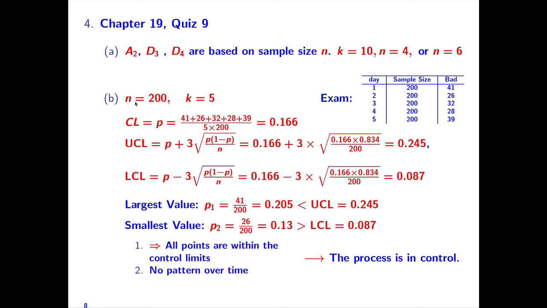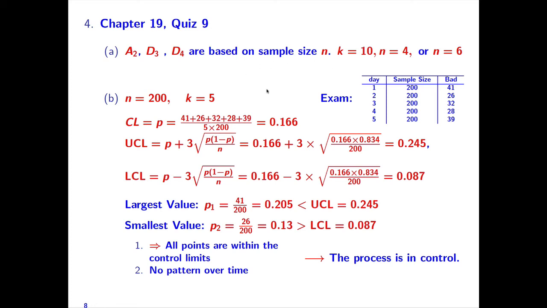Now for the P chart, I give you this set of data. So you have day 1, 2, 3, 4, 5, and sample size 200 for each of the days. And then you have the number of defects to be 41, 26, 32, 28, 39.